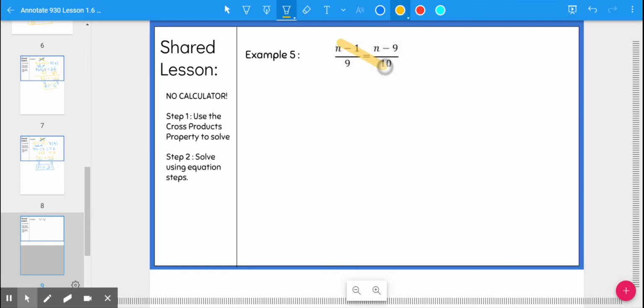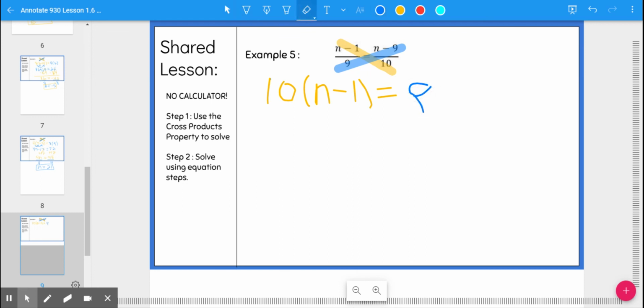So we have 10, and then again in parentheses is that n minus 1, because that tells us we need to distribute, is equal to the product of the extremes, which is 9 times n.